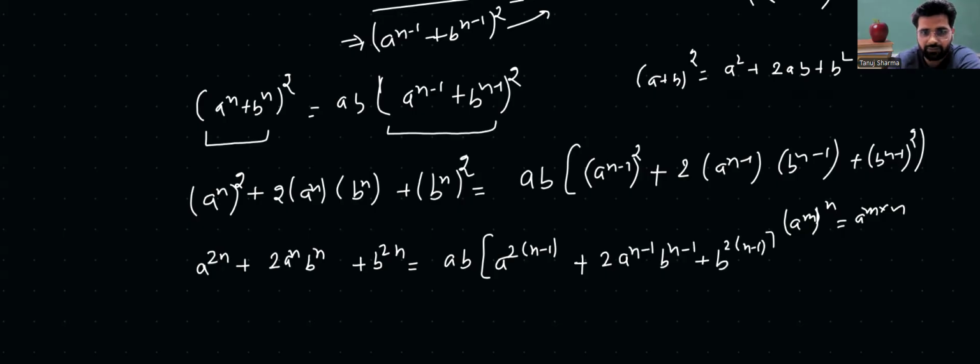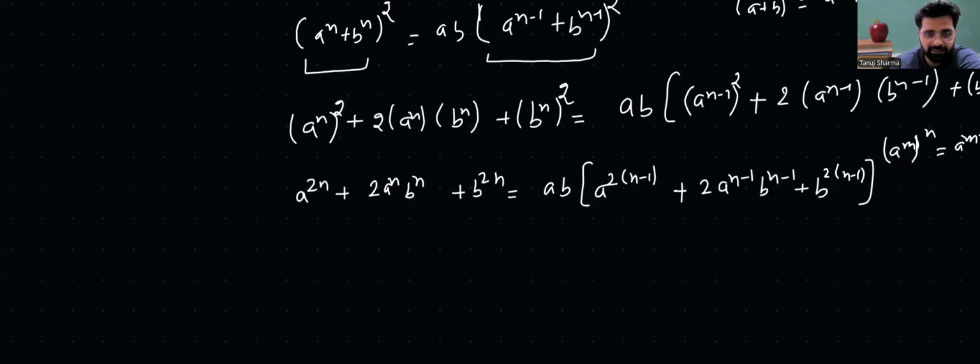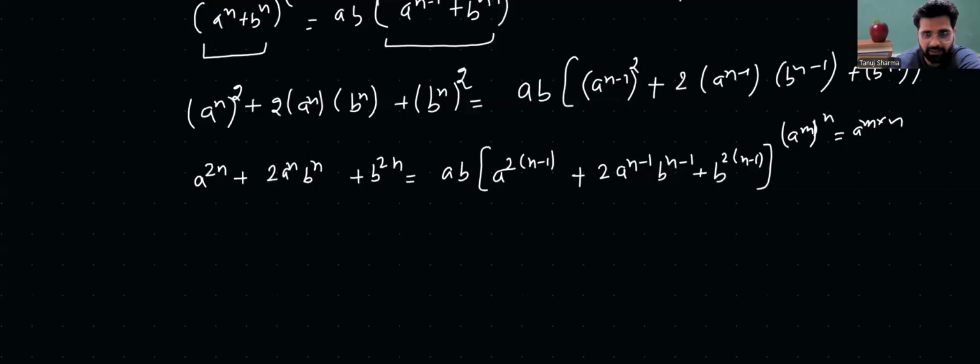So now we are going to further simplify it. How are we going to simplify it? That is a raised to power 2n plus 2 times a raised to power n, b raised to power n, plus b raised to power 2, and this AB is going to multiply with this.